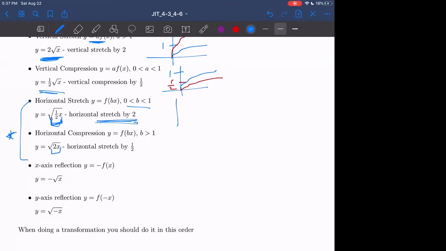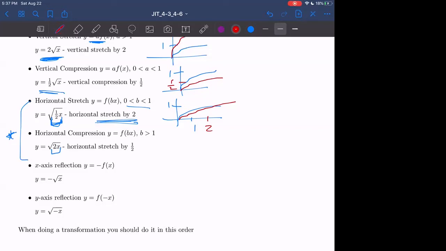Okay, so that would be, for example, if we had our basic square root and we're doing a horizontal stretch by 2, all of your x values get stretched by 2, or get multiplied by 2.